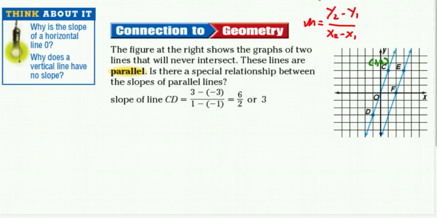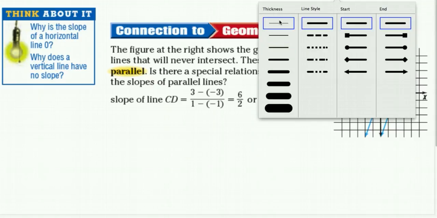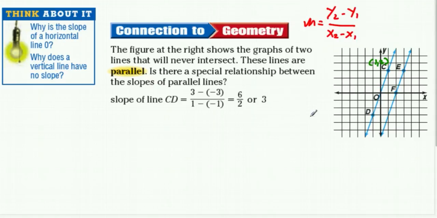Point D is negative 1, negative 3. Okay, so point D is negative 1, negative 3. Point C is 1 and 3.